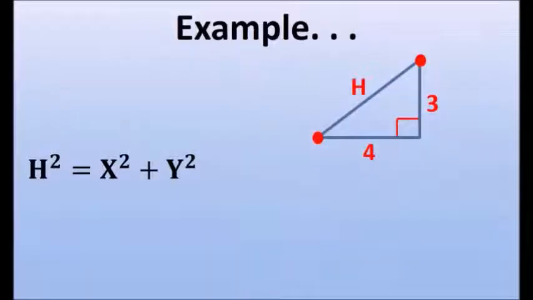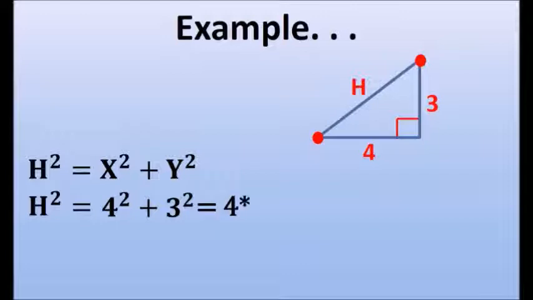So, back to our example. Substituting 4 for x, we get 4 squared. Plugging in 3 for y, we get 3 squared, with the result being that h squared equals 4 squared plus 3 squared, which equals 4 times 4 plus 3 times 3. Notice how I use the asterisk to represent multiplication here instead of x, since x, of course, is already used for our back and forth or horizontal length.